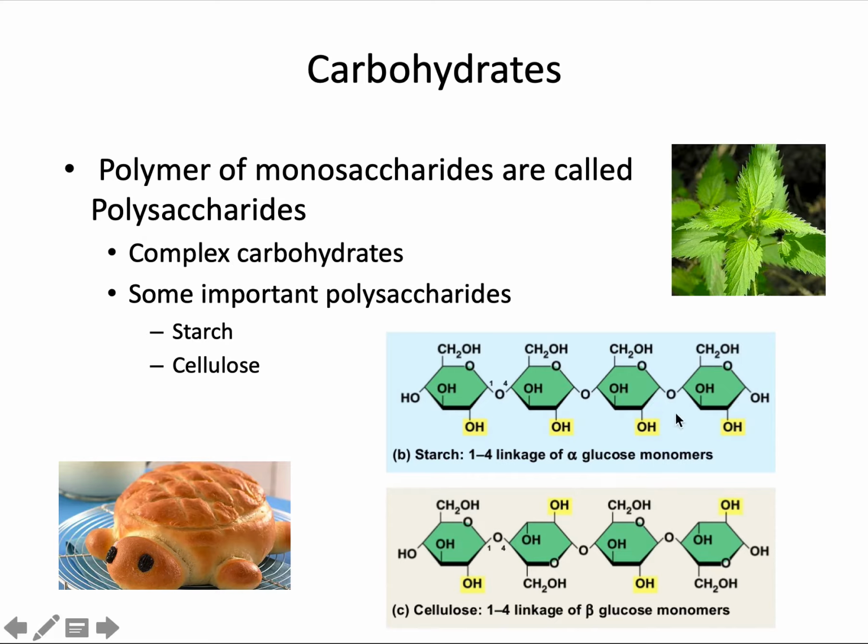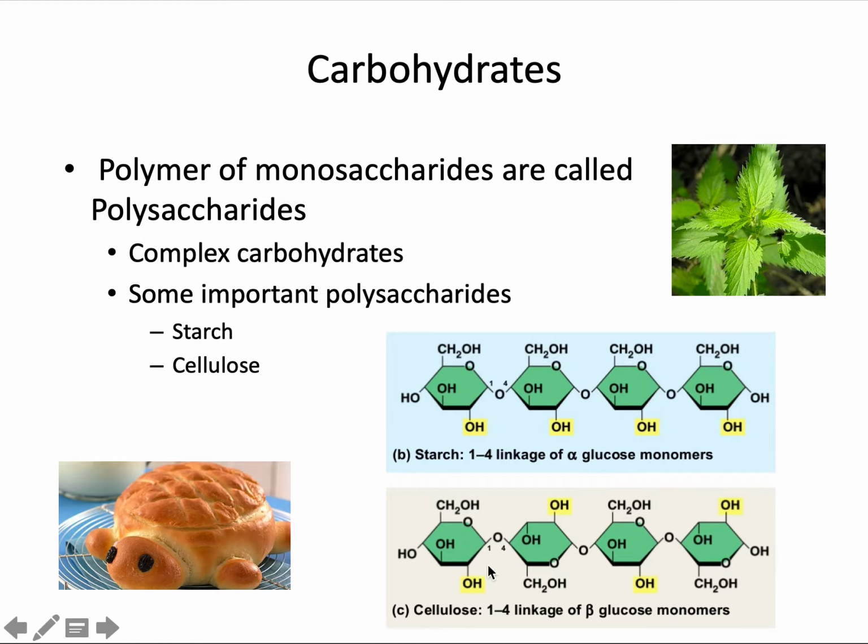It comes down to how the bonds are formed between the monomers, which are glucose molecules. For starch molecules, you have all the OH on just one side. The linkage in terms of the bonding is called 1,4. This is carbon 1, this is carbon 4. So that's 1,4 of the alpha glucose monomers.